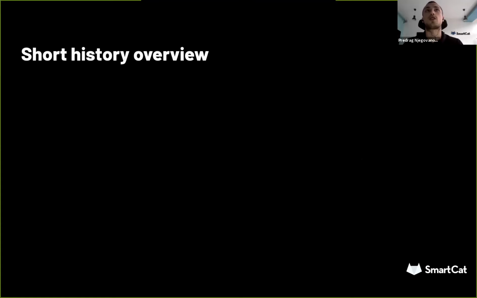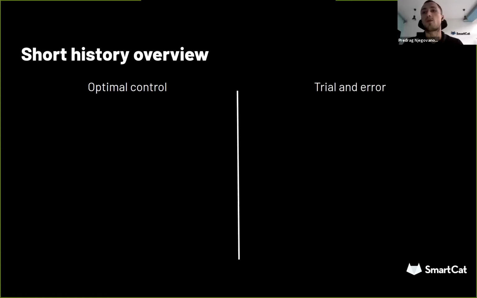I'm going to give you a short history overview. We're going fast through it, just so you can see what the roots of reinforcement learning are. We have two tracks actually. We have the optimal control track, which is mathematically oriented, and we have trial and error, which has more psychological roots.